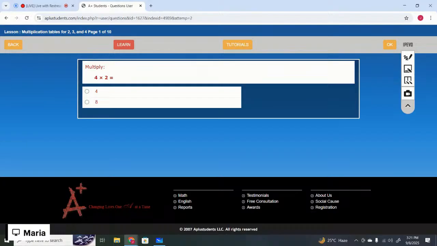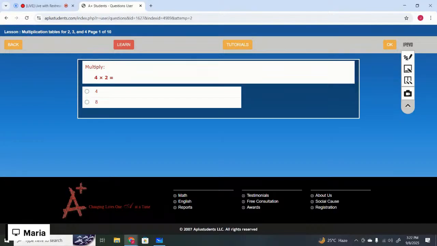4 times 2, which is the correct option? Either you can add 4 2 times, or you add 2 4 times.